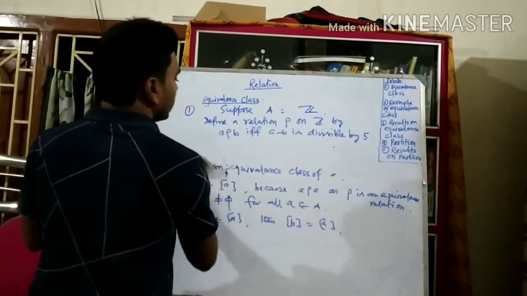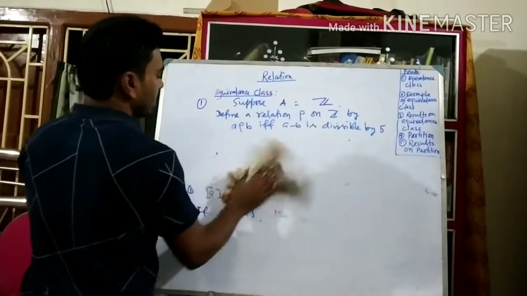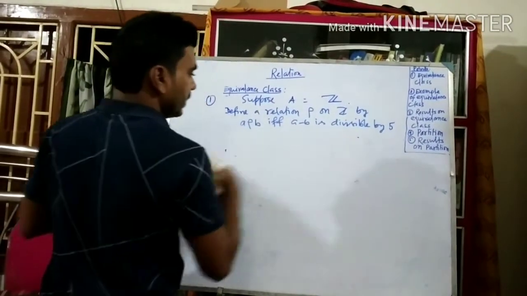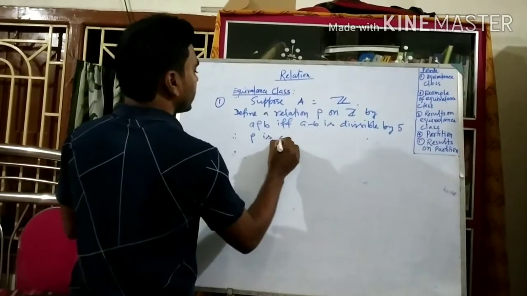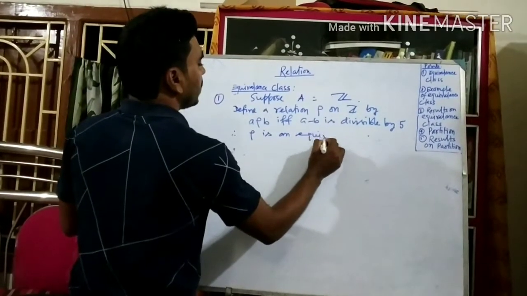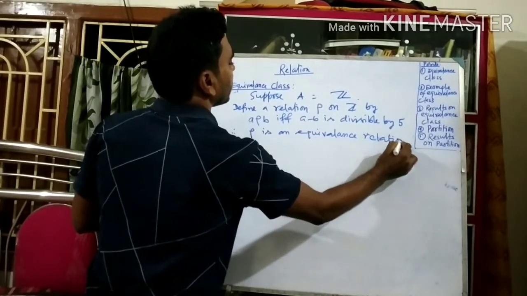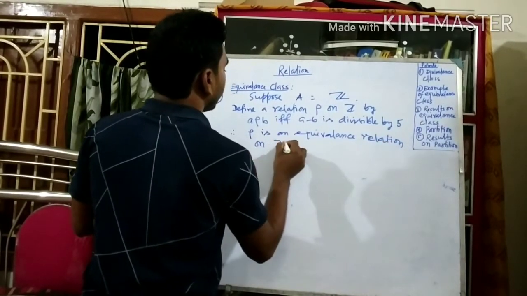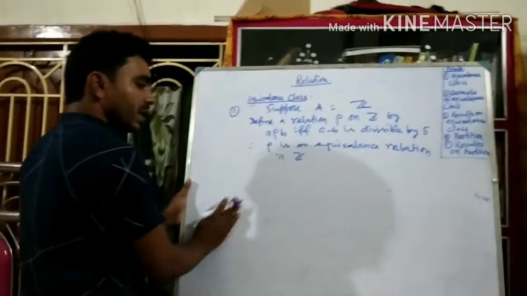Then in the previous video lecture we have seen that this relation rho is an equivalence relation on set Z. Now let us try to find out the equivalence classes.